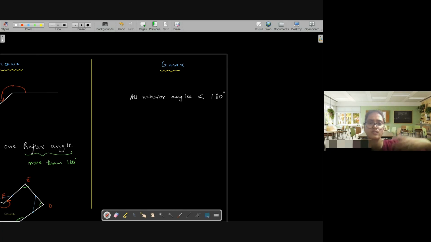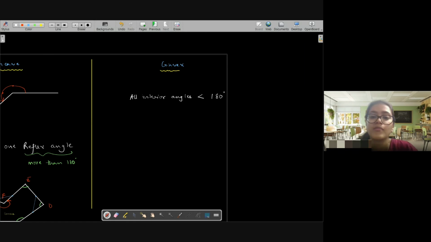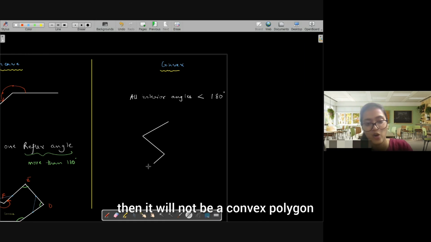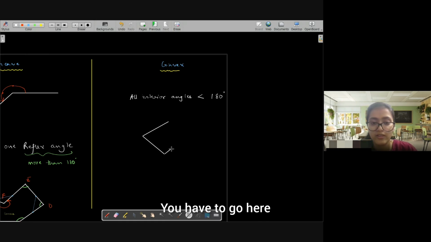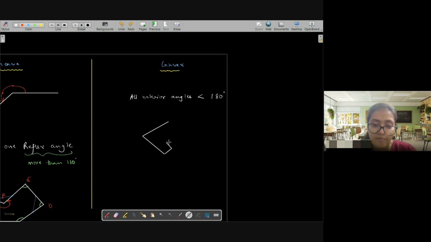So these are your regular polygons which we did, triangle, square, anything else. Let's draw a weird one. See, you cannot do this. If you do this, then it will not be a convex polygon. You have to go here. This is fine. Now, if I do this, it is not a convex polygon. There is only one way. This is a convex polygon.